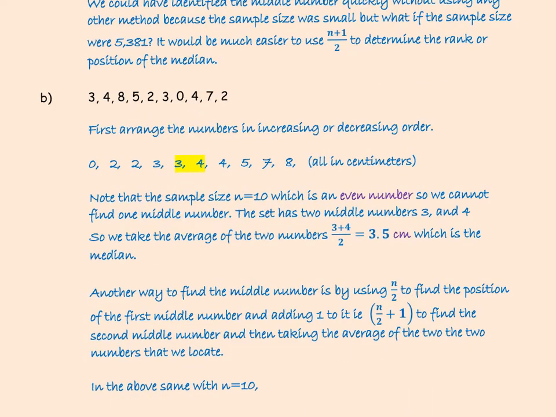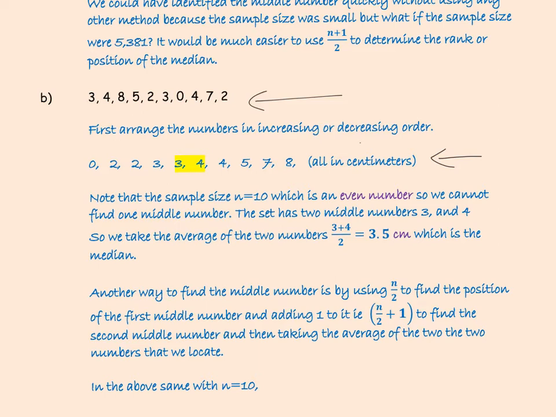Let's look at the next example. So we have a given set of numbers. Let's again assume that the numbers are all measurements in centimeters. So the first thing we do is arrange the numbers in either increasing or decreasing order. So here we've arranged it in increasing order.